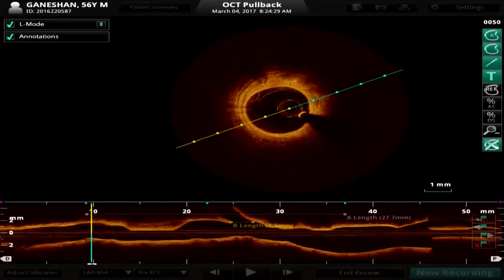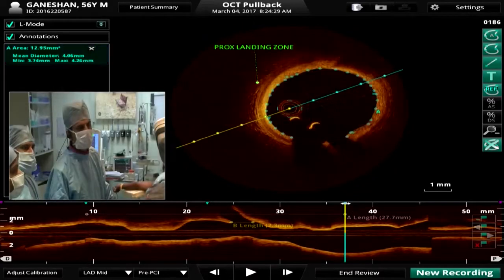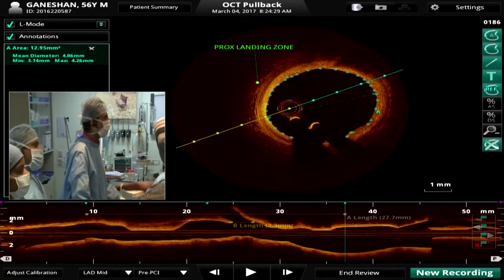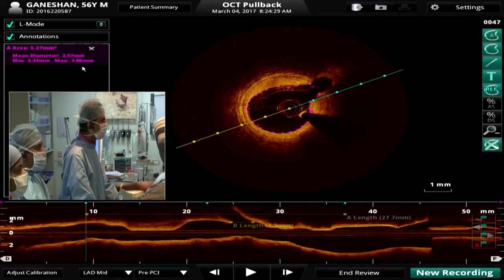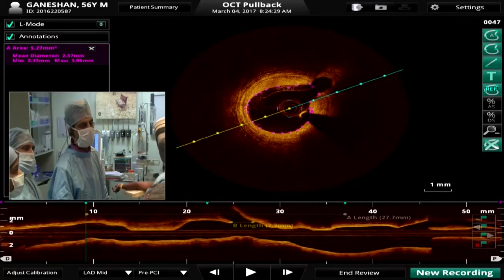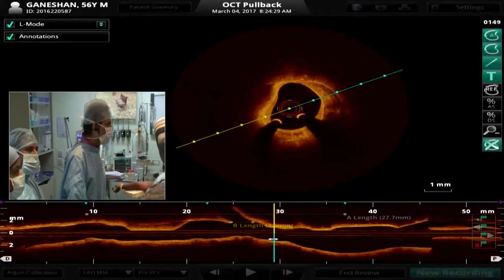So we will look at the distal landing zone. We have marked the distal landing zone and the proximal landing zone. So tell us, what did the OCT teach you that you didn't know from the angiogram in this case? Yes, there are a few things which we learned from the OCT. One, we have identified that there is some amount of calcium at the level of bifurcation.